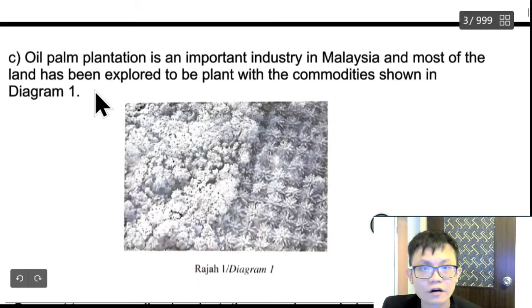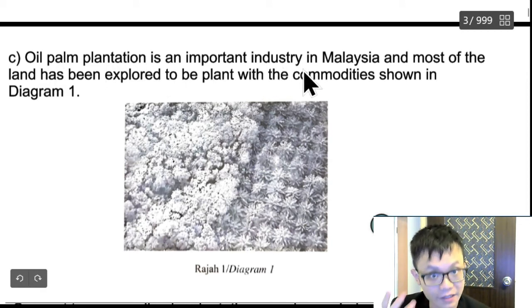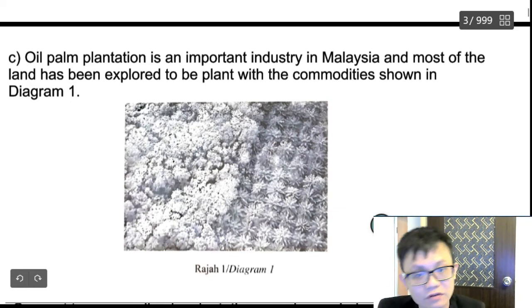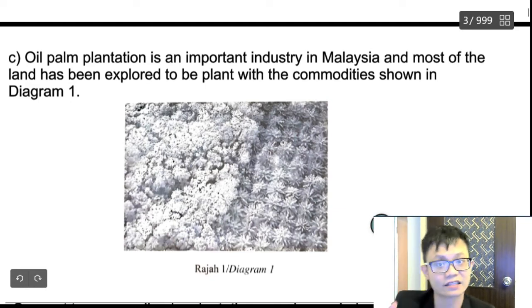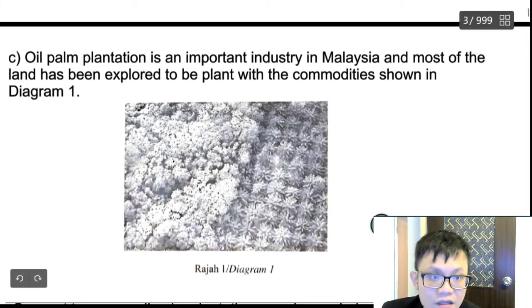biodiversity. Okay, so for this question: oil palm plantation is an important industry in Malaysia, and most of the land has been explored to plant with commodities as shown in diagram 1. Commodities are the raw material and usually can be exchanged in terms of money, because you exchange the material to get certain things. So the oil palm plantation industry is in the land to be explored as the plant community as shown.